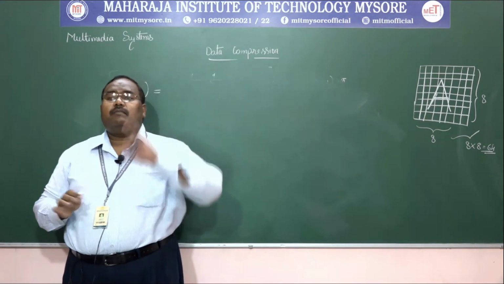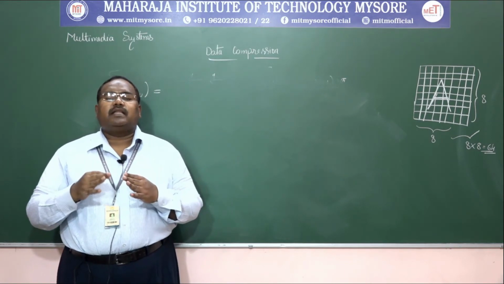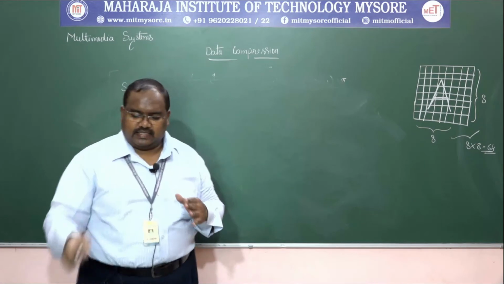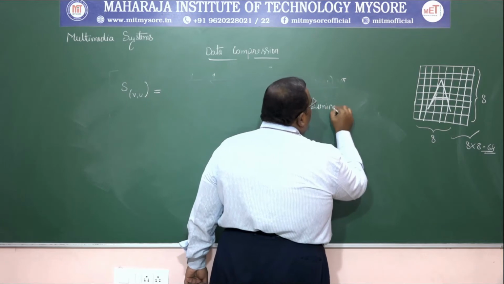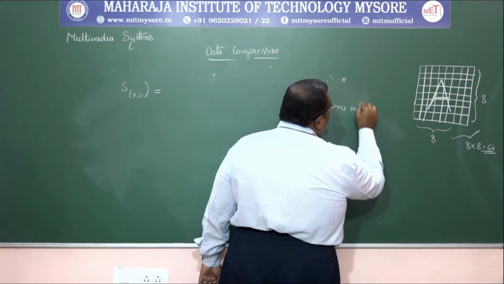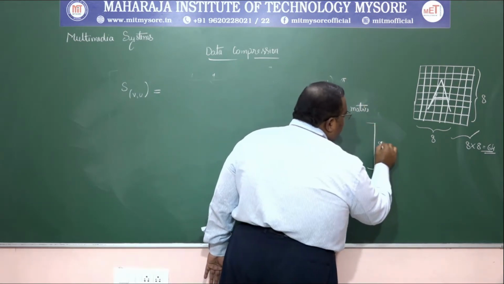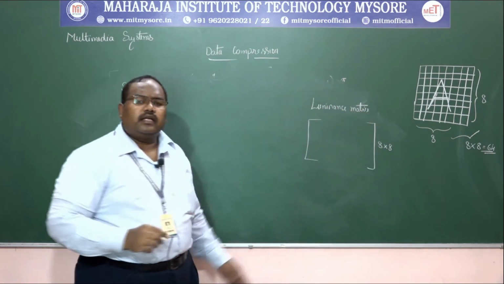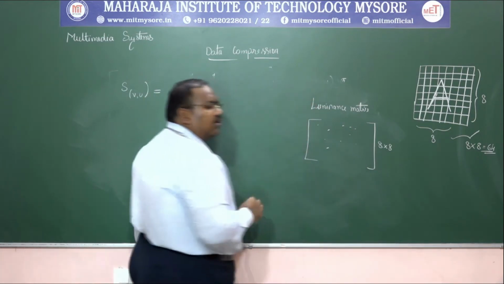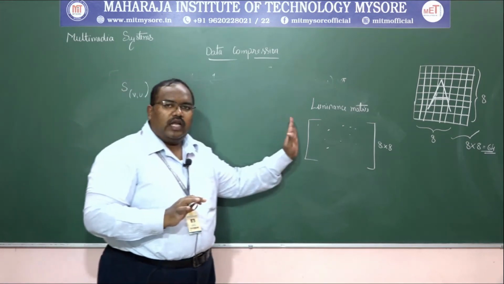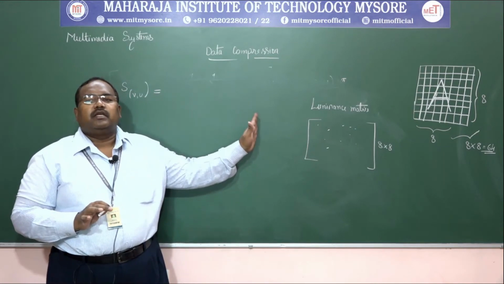Then there is a standard matrix that is used for computing JPEG compression, called the Luminance matrix. What is that Luminance matrix? The Luminance matrix is also an 8 cross 8 matrix where standard values are provided.